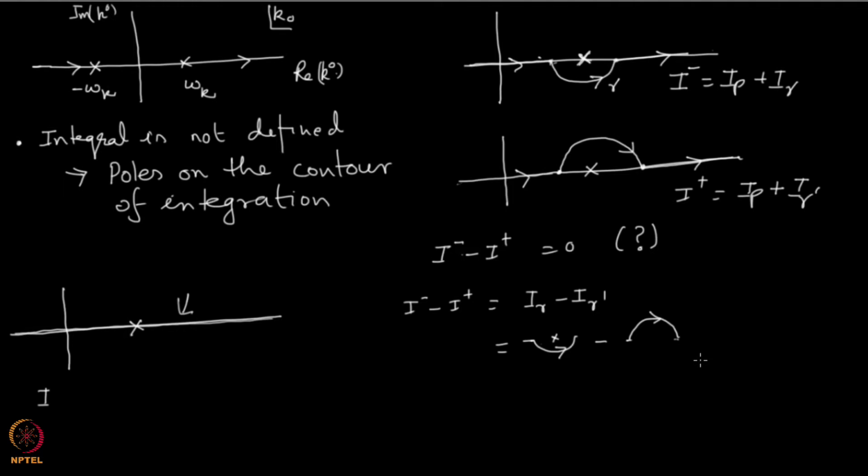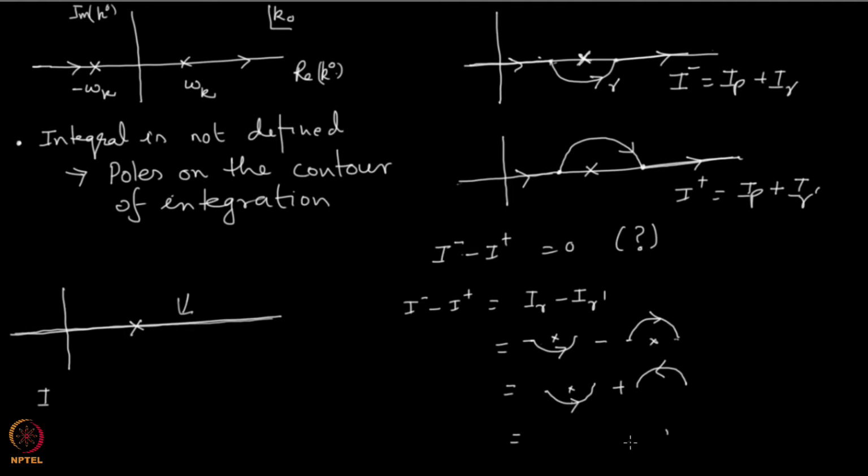Okay, which is same as this, plus the minus sign I can absorb and change the direction of the sense of the contour. So, it will become this, and it was this here, which is same as having this.